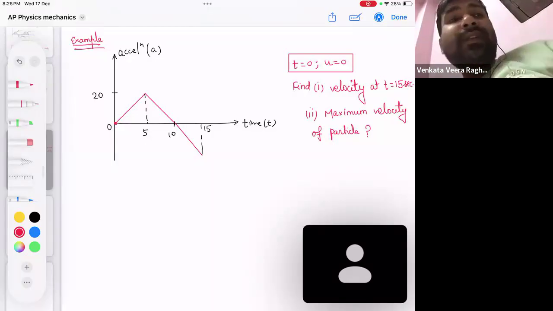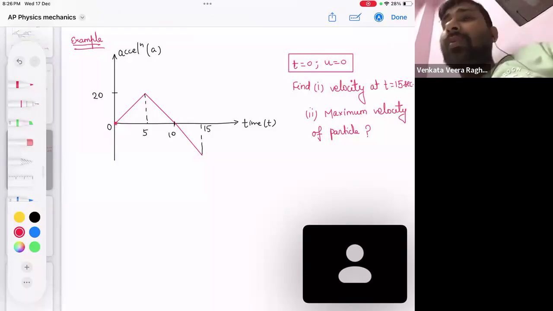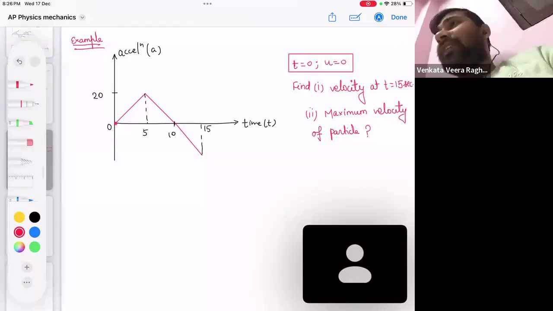What type of graph is this one? Is it an acceleration versus time graph? Yes, sir. So what will the slope give us? dA by dt.